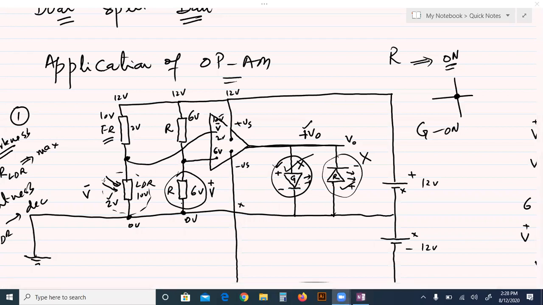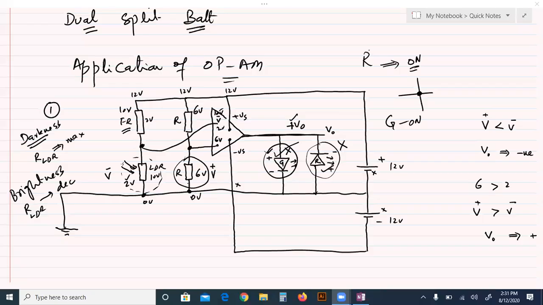So this is one of the applications of this operational amplifier, and this is called light intensity comparator circuit. It compares the intensity of the light.